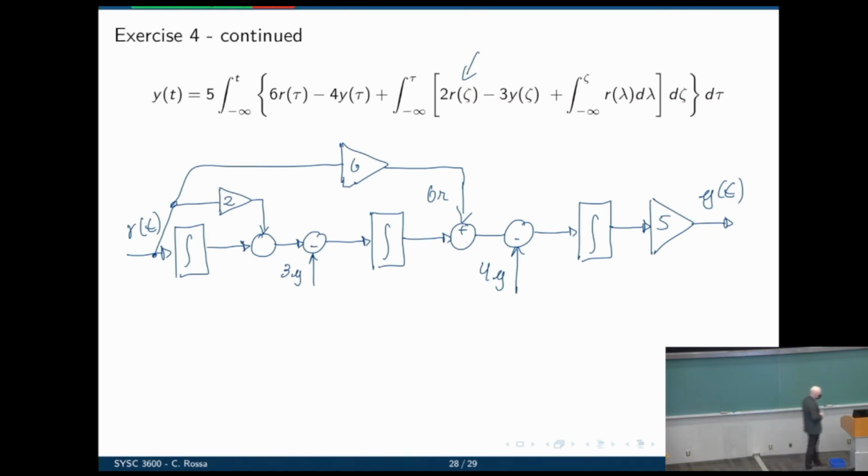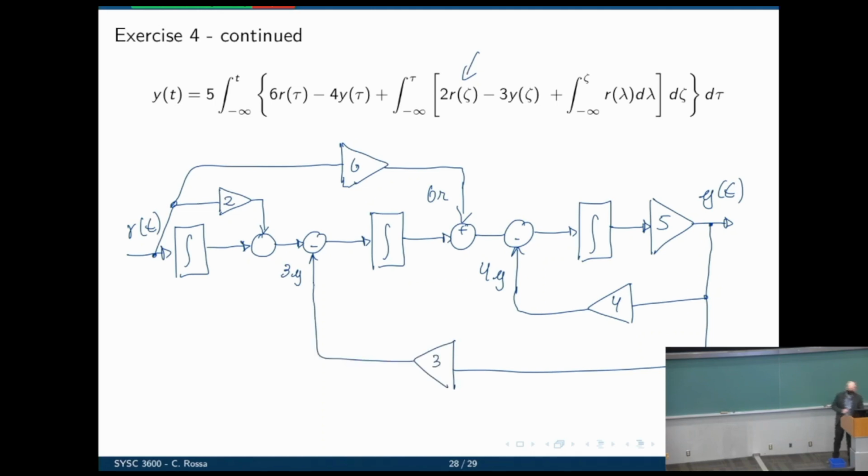We have y of t. We need 3y and 4y. Well, just probe the signal there. Multiply it by 4. Here we go. Same thing. Multiply it by 3. And here we are. And that's the complete diagram.